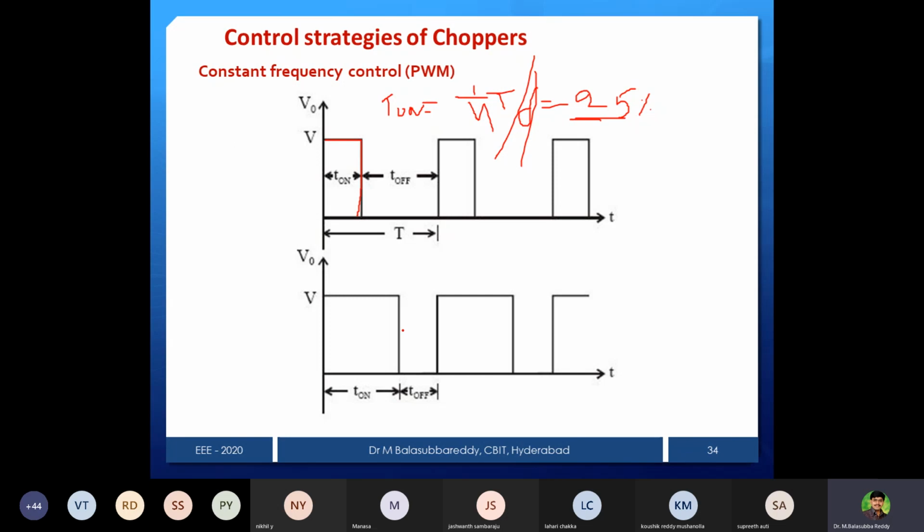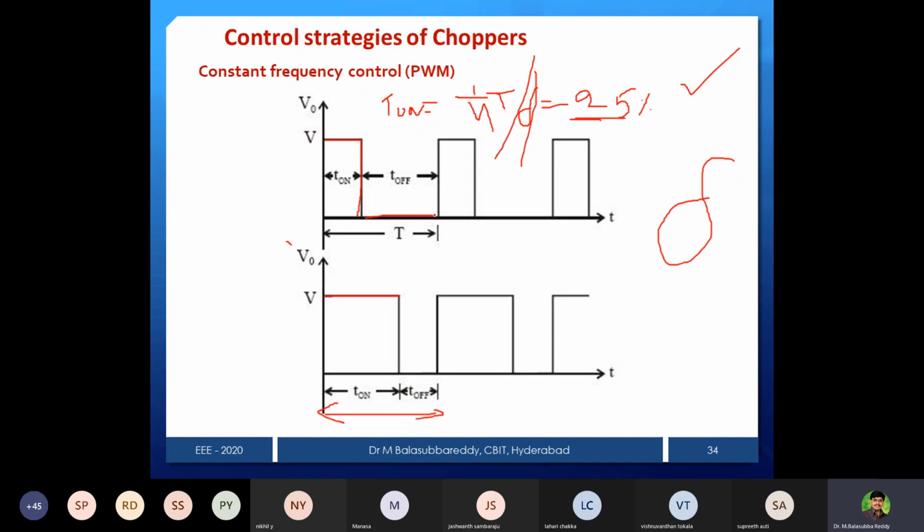At the same total time, my intention is to vary the delta only. Now with this T on period I got delta of 0.25. Suppose I want 0.75. Then the on period increases and obviously the off period is reduced.